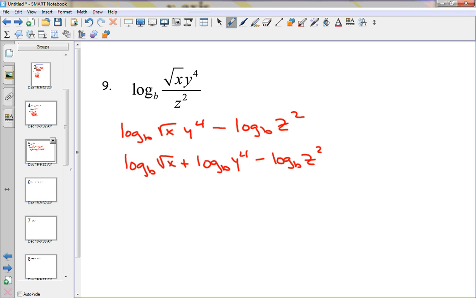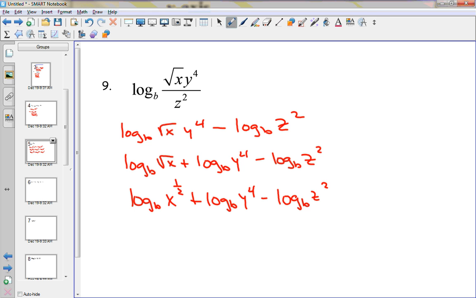Now what do you notice that's ugly? The exponents, but what's ugly about the exponents? I have something that's ugly there that doesn't match everything else. What doesn't belong? The square root is what is ugly, and it's misplaced there. So I need to write that as an exponent to make that x to the 1/2 plus log base b of y to the 4th minus log base b of z squared.